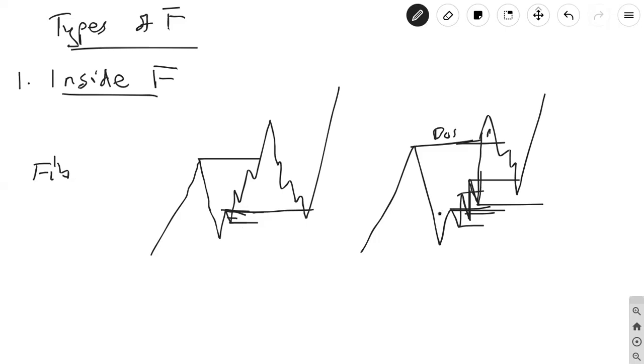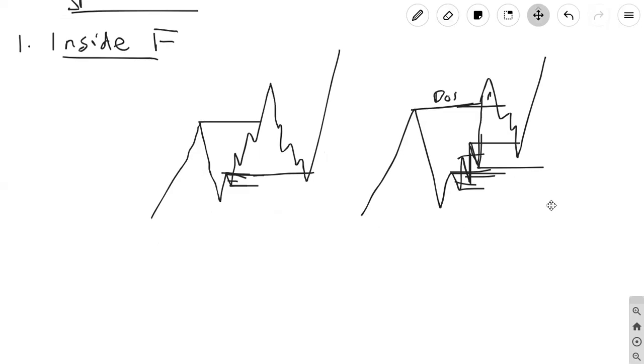If it was consumed 50%, then that formation is already consumed. We'll see in the examples, and I'll show you how these formations are consumed and how to measure whether a formation was consumed or not. So that was the first type of formations.